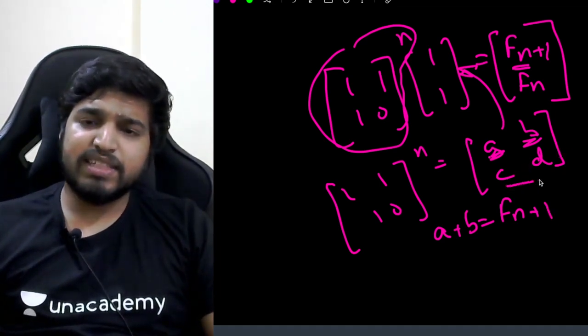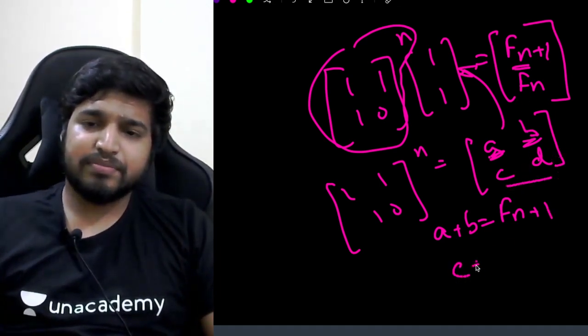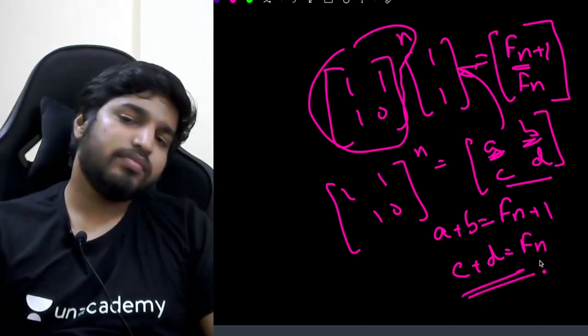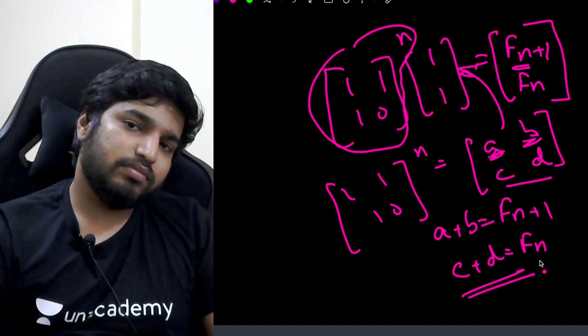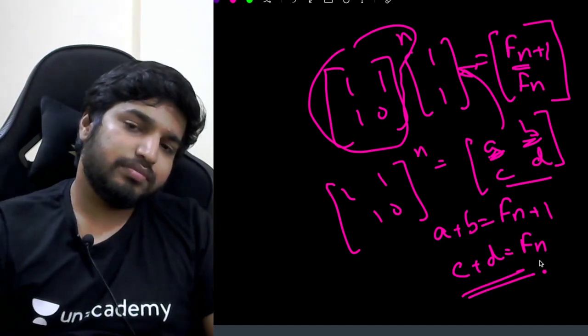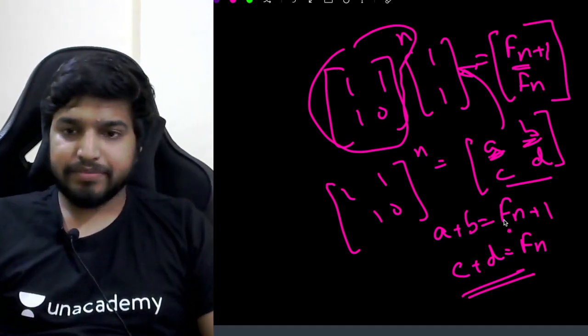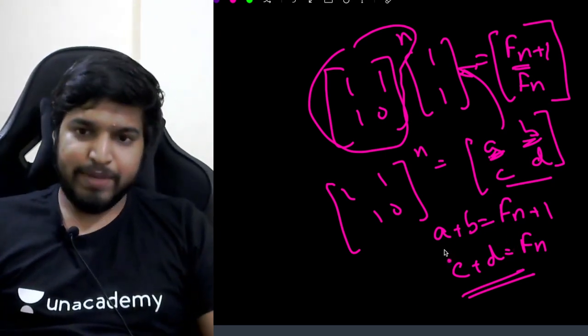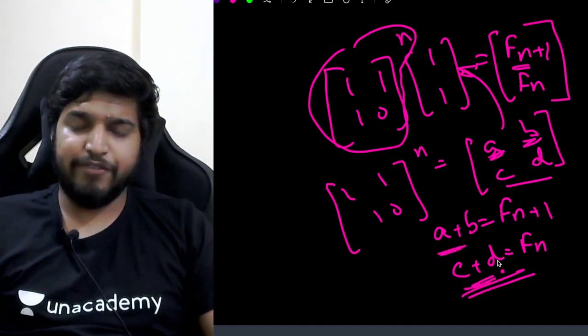Then c plus d is equal to fn. Got it? Awesome. A plus b equals fn plus 1, c plus d equals fn.